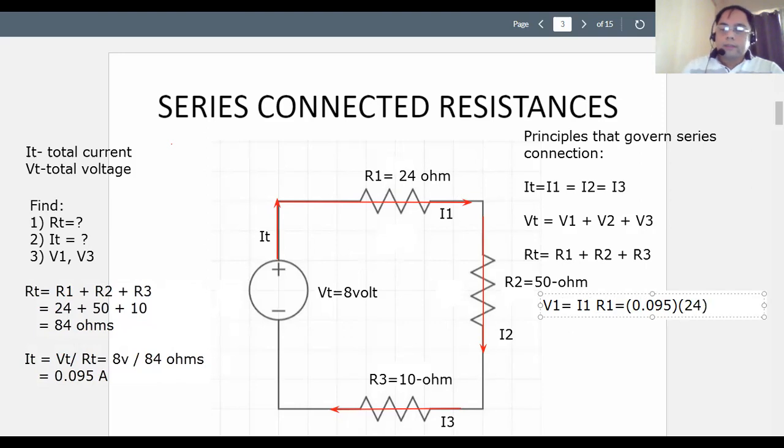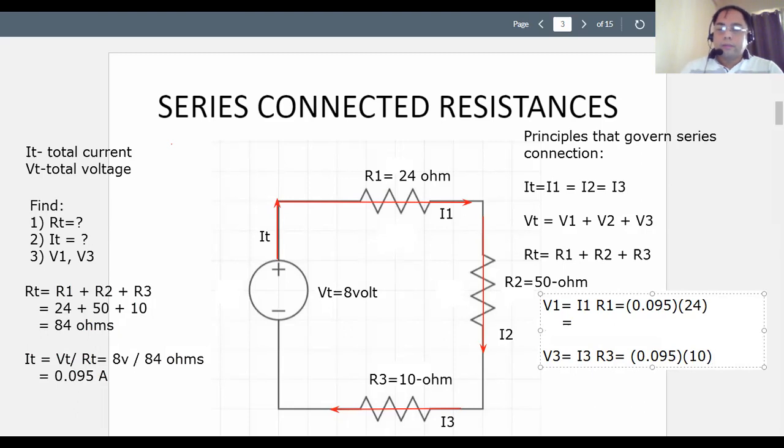For V sub 3, that will be equal to I3 times R3, and again, I3 is still the same as I1, multiplied by 10 ohms.